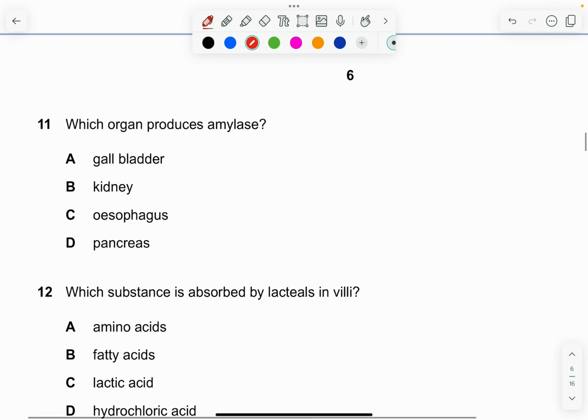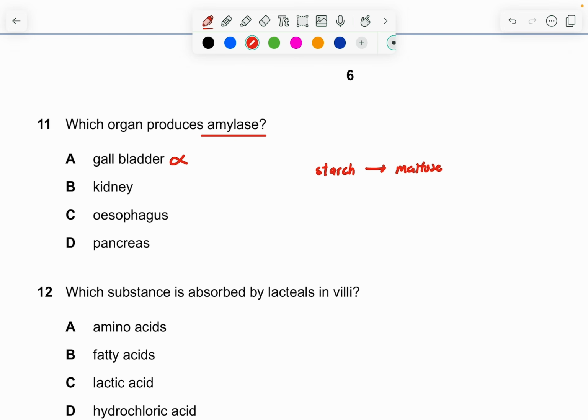Question 11. Which organ produces amylase? So amylase is the enzyme that helps to break down starch into maltose. And where can you find amylase? Let's see for each of the options. For gallbladder, you don't see any enzyme being secreted at the gallbladder.